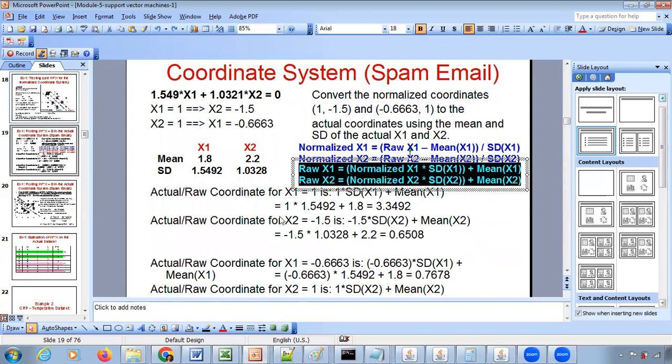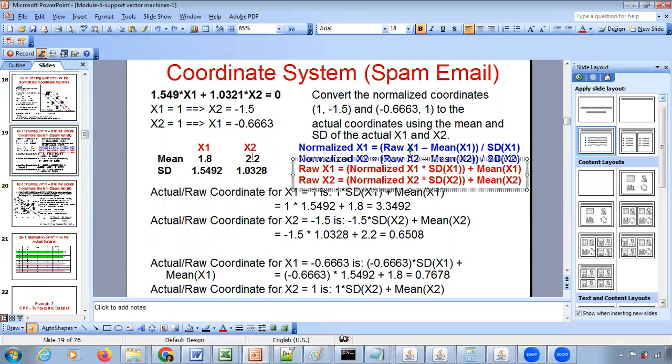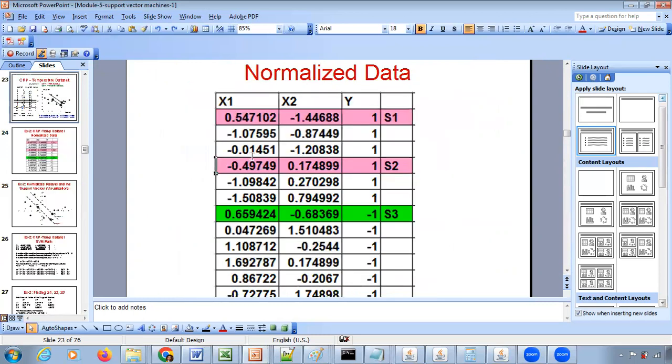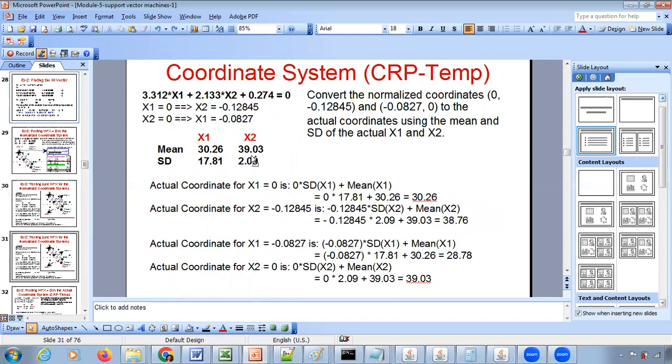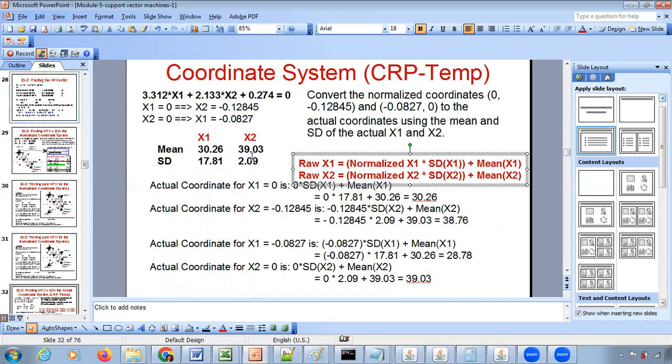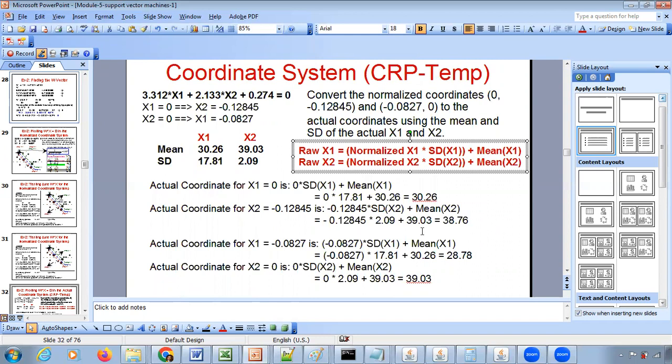So if we have the normalized value, to get the corresponding raw value, what we need to do is use the normalized value times the standard deviation plus the mean.